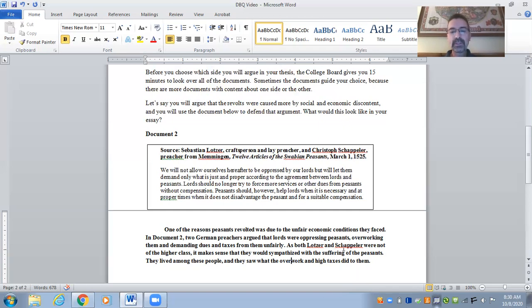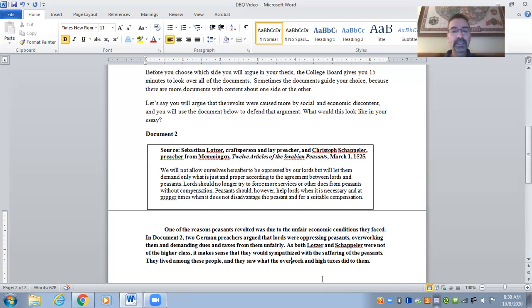You think about these two. It might be that two lay preachers or preachers from the 1300s might not have even been able to write, but they can write now because of the time period. So explaining that in some ways the printing press plays a role in these uprisings is important.